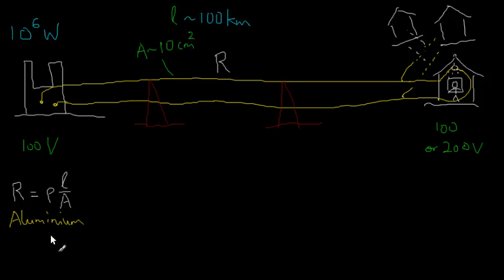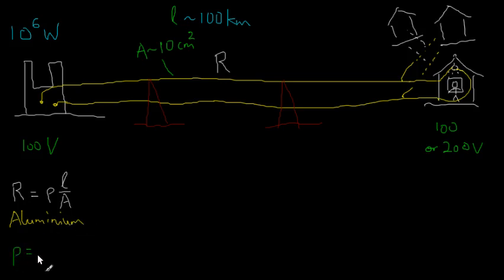It's often made of aluminum because aluminum is quite light. It could have been made of copper, which is a better conductor, but aluminum has the advantage of being a lot lighter, especially if you are going to hang it on these supports. And as we'll see after I've done the calculation, it's not going to make much difference if we do it this way, because it's going to take up so much power that it's not going to work.